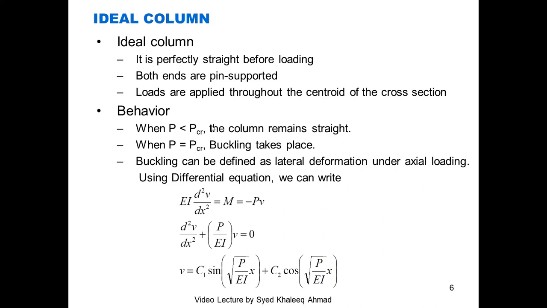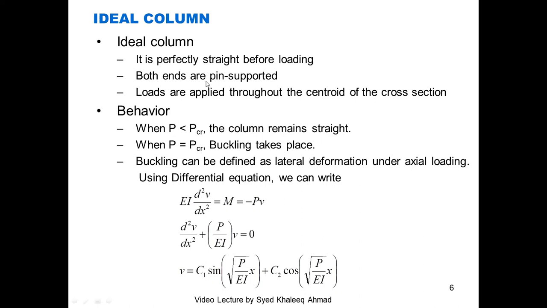We will discuss here the type of column which we can say is ideal column, and based on that ideal column we will be able to find the behavior or the load carrying capacity of other columns. So in this ideal column, we take this as perfectly straight before loading. So there are no imperfections in that column, perfectly straight.